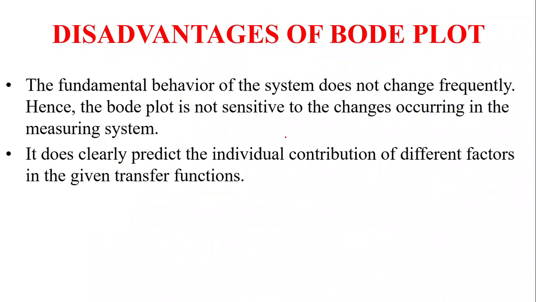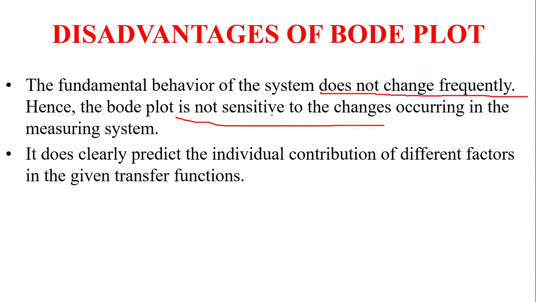Next we are going to see the limitations and drawbacks of the Bode plot. Here the fundamental behavior of the system does not change frequently. The Bode plot is not sensitive to changes occurring in the measuring systems, meaning that if any values change, the Bode plot does not react to this.